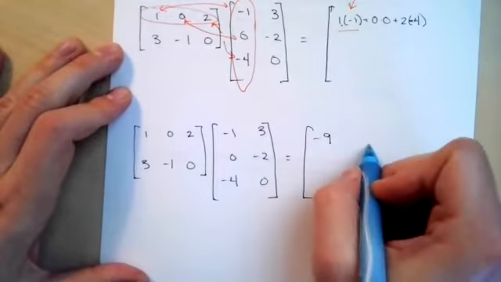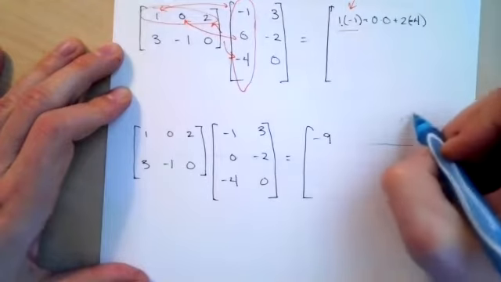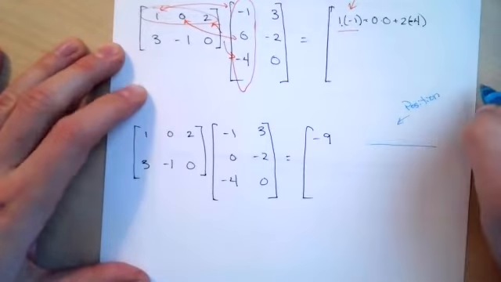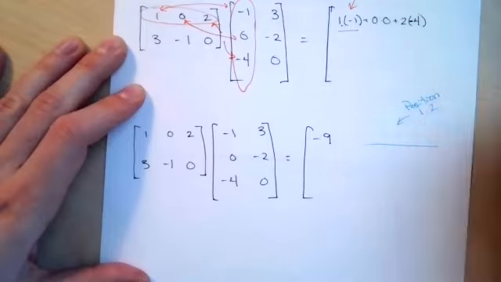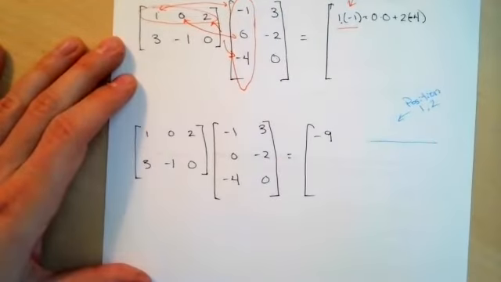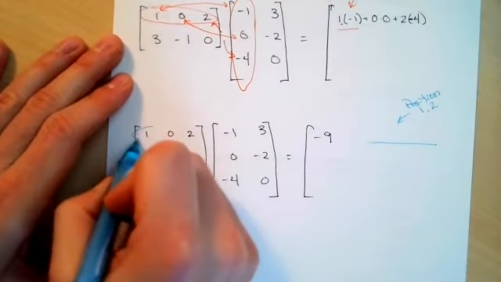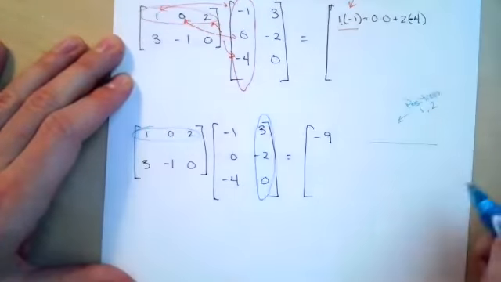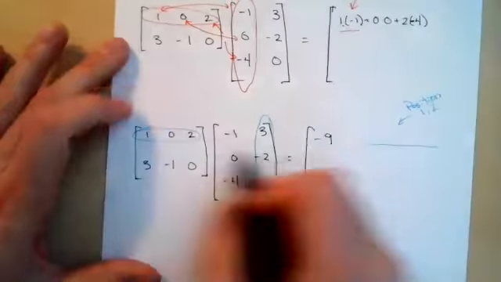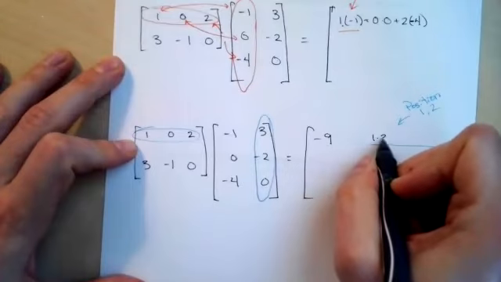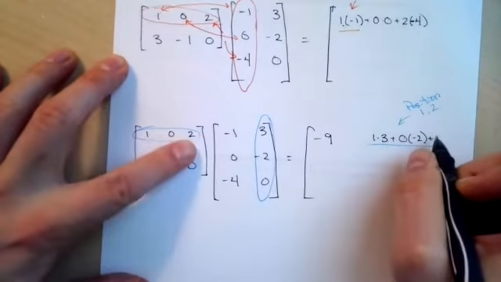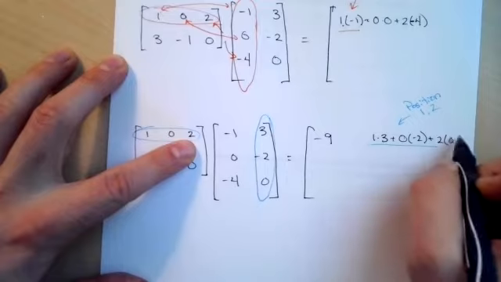So for example, in this next position, the first row, second column, we're still going to have the first row times the second column. And so we've got 1 times 3 plus 0 times -2 plus 2 times 0.